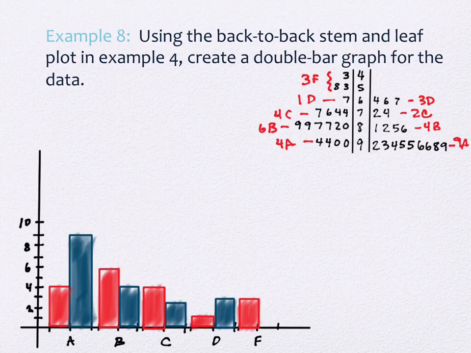So we're going to have a small box shaded in blue, and a small box shaded in red, and we're going to say what they are. So this red one, and then our blue one, are going to be the exams. So this is exam 1 scores, and this one is exam 2 scores.